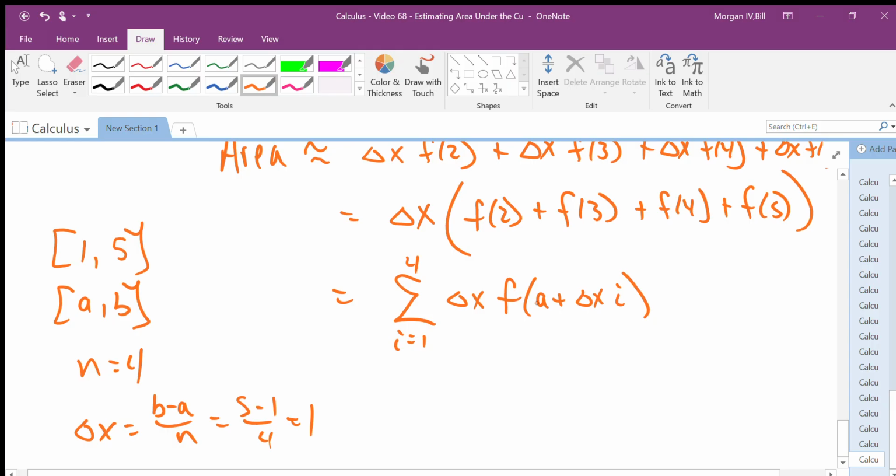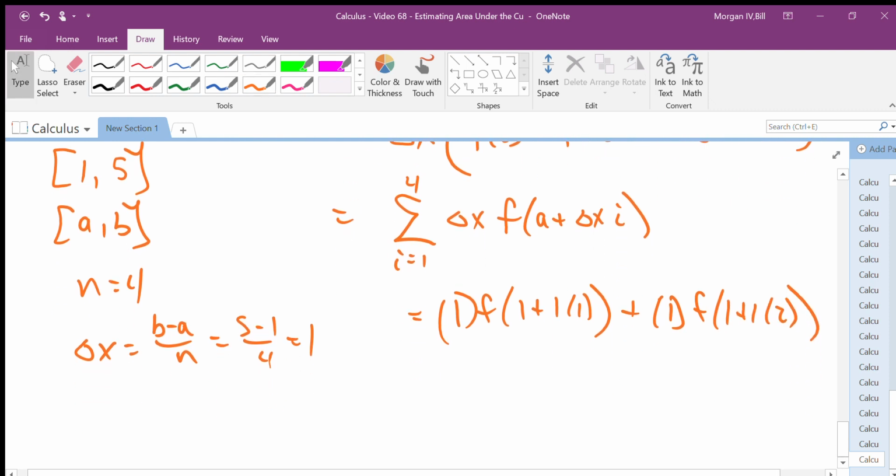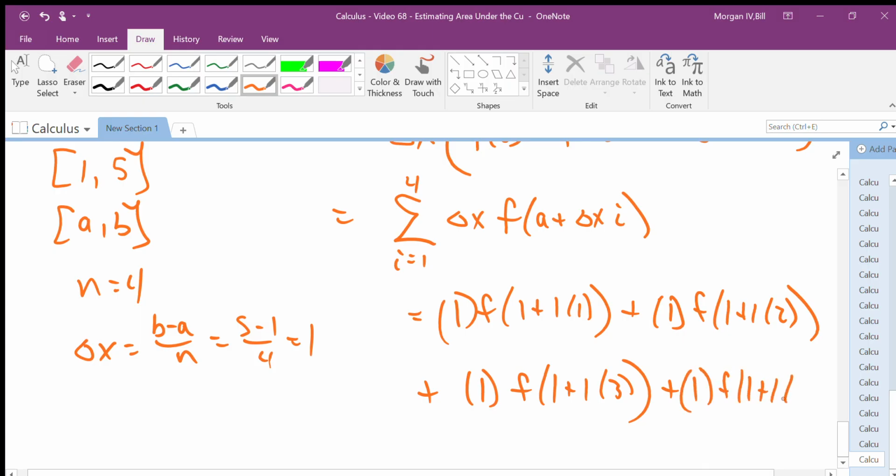Times f of a, that's the 1, plus a delta x, that's 1, times I. So if you plug in all those things, this is delta x is 1 times f of 1 plus 1 times 1, plus delta x 1 times f of 1 plus 1 times an I value of 2 now, plus 1 times f of 1 plus 1 times 3, plus 1 times f of 1 plus 1 times 4.